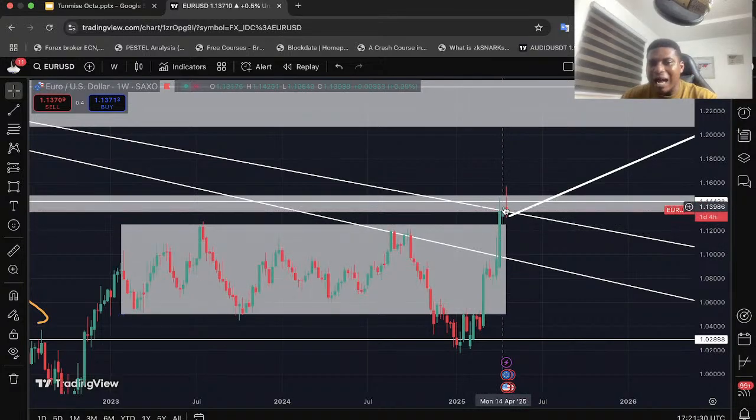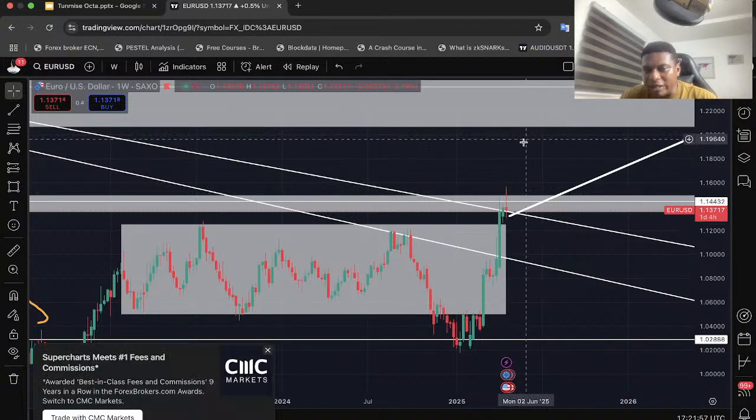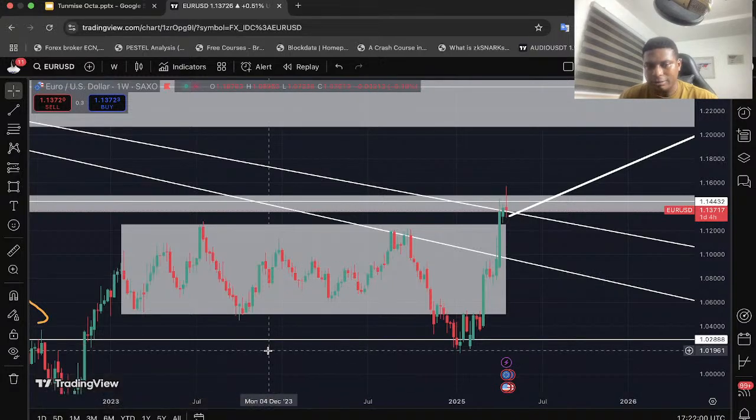It broke out and closed above it. It did not break out and then reverse and close inside, whereby we would now be having a long thin line, a long wick to the upside. No, we can see that it closed with the full body outside of this consolidation, and another candle opened, after which the current candle where we currently are.